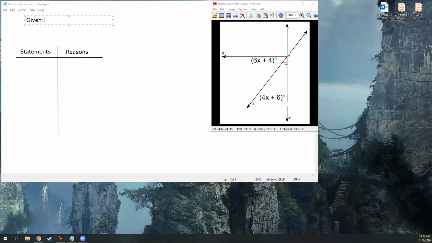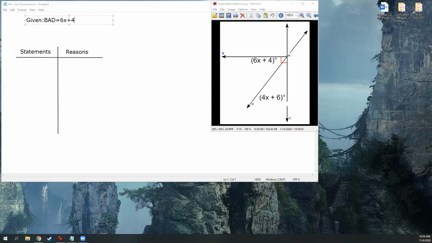So we're looking at this picture right here. We are given a couple things. We're given that angle BAD equals 6x plus 4.